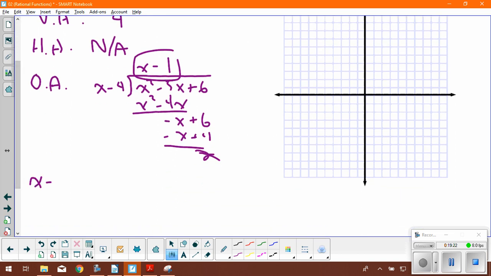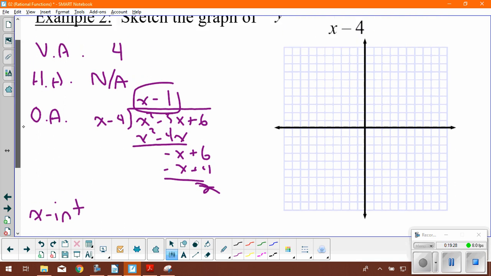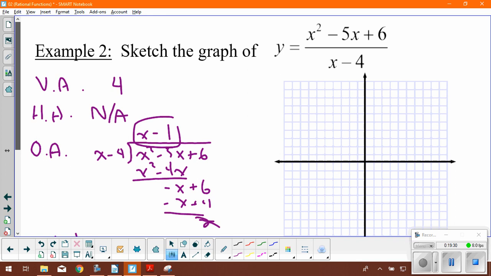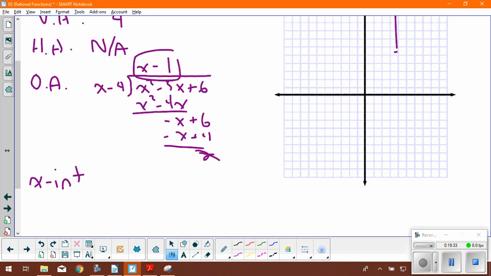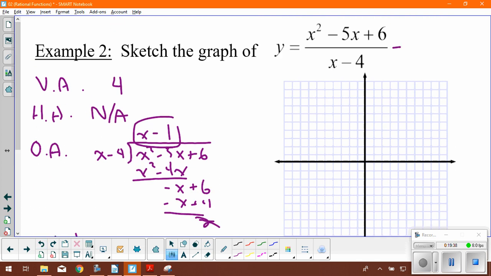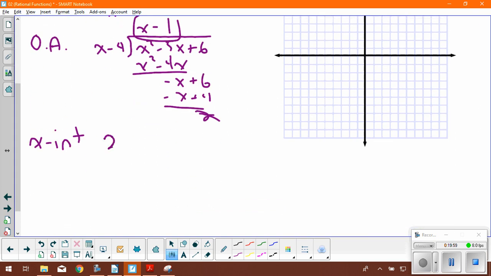For the x-intercepts, the x-intercepts are the roots of the numerator. So if I pop back up to my original function, let's factor the numerator. So that is x minus 2 and x minus 3. That means I'm going to have roots at positive 2 and 3.